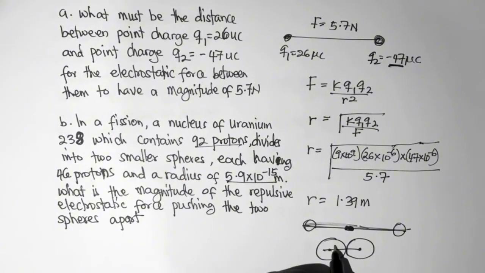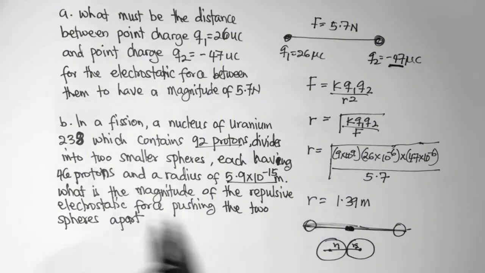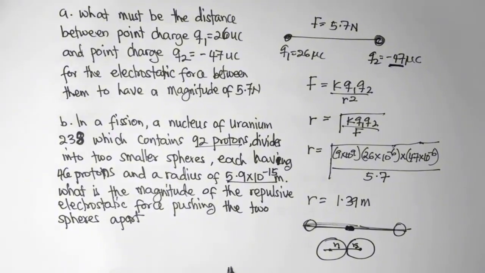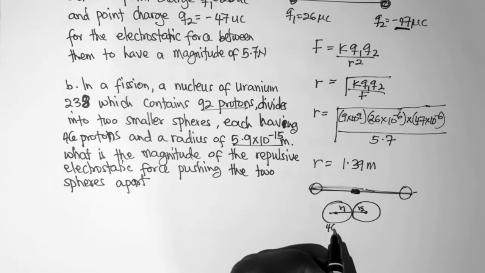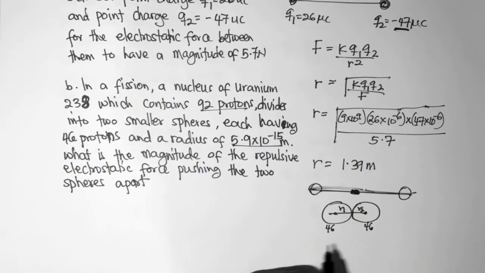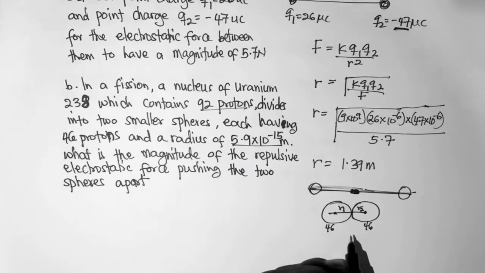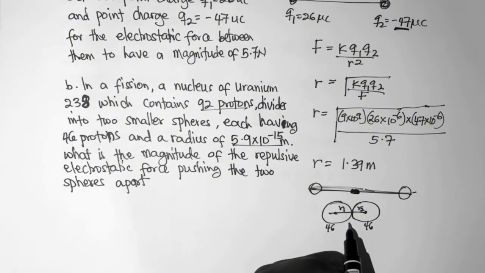So let's say here's R1 and here's R2, and then there are 46 protons each. So we have 46 protons here, and we also have 46 protons here. So we want to find the force pushing these 2 apart.